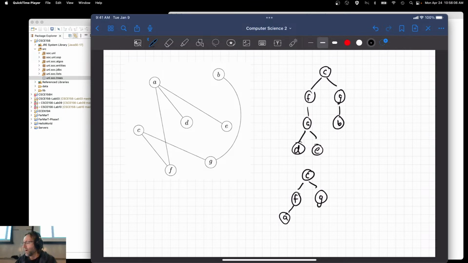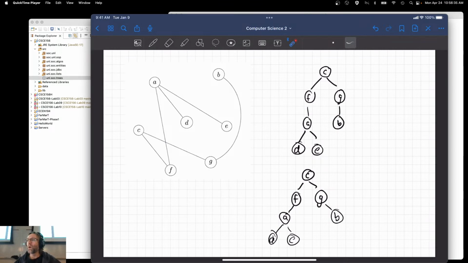And then it, of course, has 2 children, D and E. For my child over here with B, I'll make that a right child. So again, F has 1 child, its left child, but it does not have a right child. G has a right child, but no left child. And D, E, and B here have neither child, they're leaves.